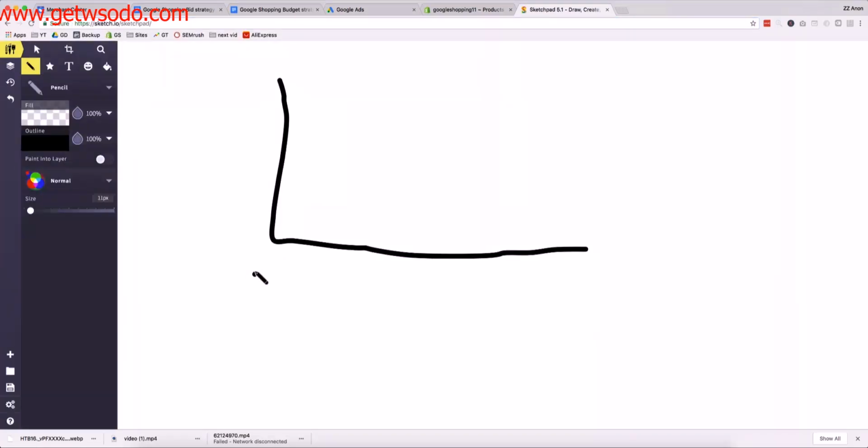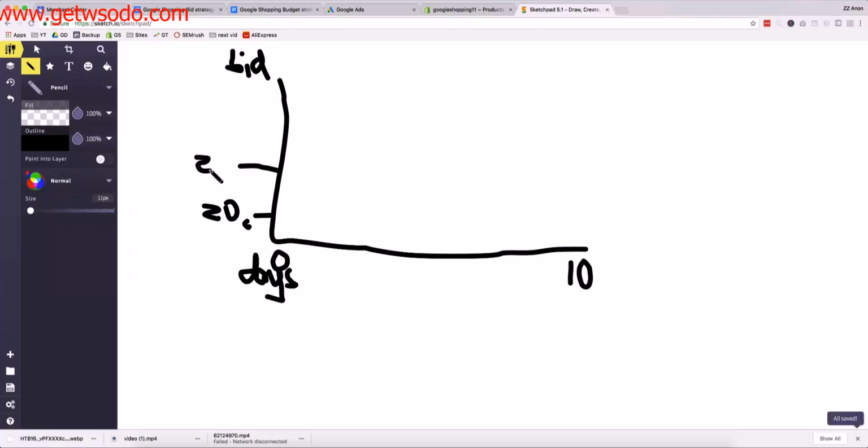On the bottom, we'll put days. This is 0, and this is 10 days, say, and up here, this is the bid, with 20 cents, 25 cents, 30 cents.